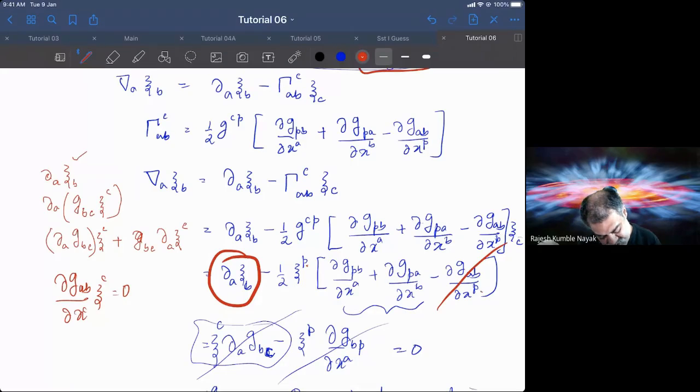This term is what we need, and this is a term which we have, GBC.